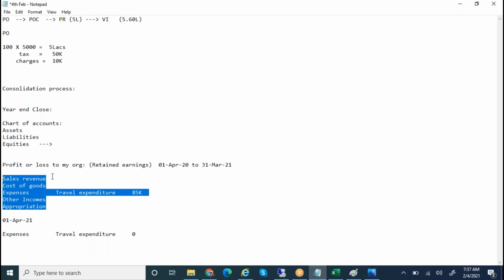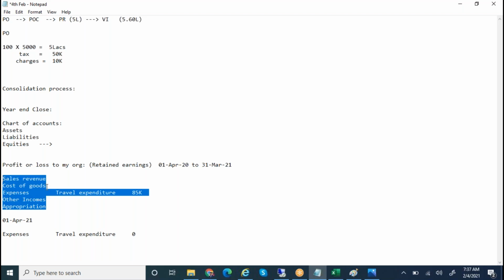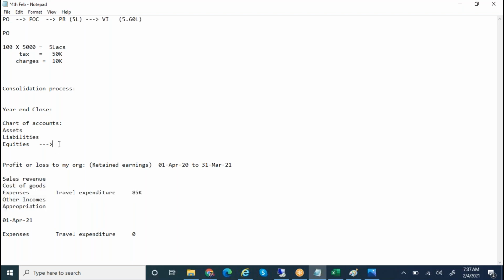For the new financial year, all P&L account balances will become 0. Whereas balance sheet items, assets, liabilities, and equities, will be transferred to the next year.